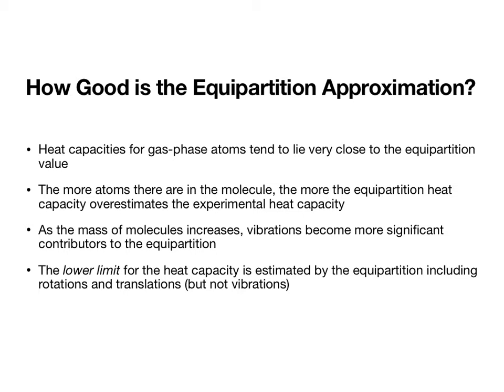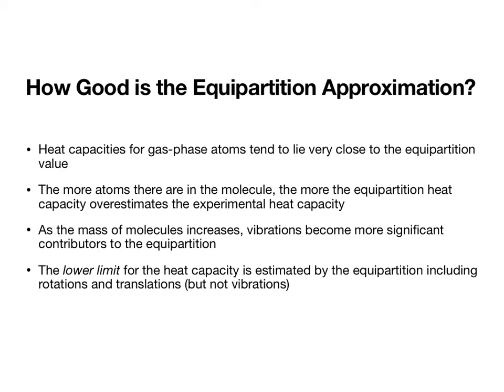So, how good is this? It turns out that if we have gas phase atoms, like helium, argon, neon, these tend to be very close to the equipartition value. The more atoms that there are in the molecule, the more equipartition heat capacity overestimates the experimental heat capacity.